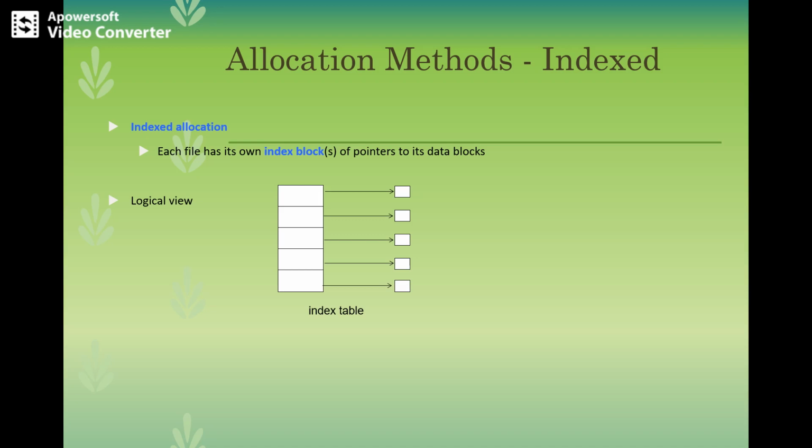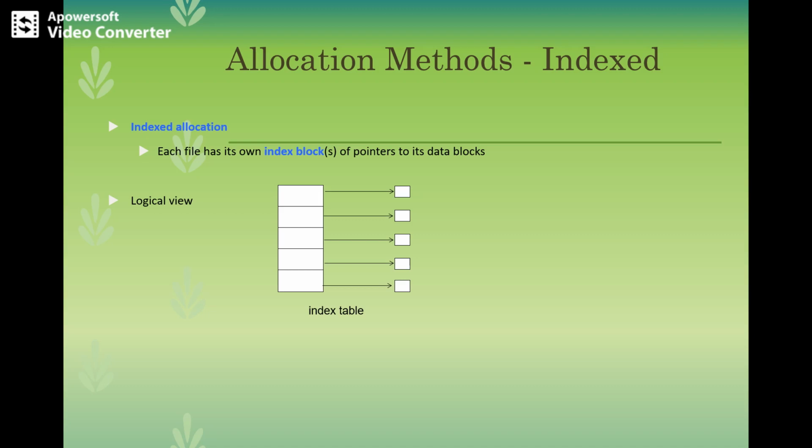So there will be an index block which contains all the pointers together in one particular location, and each file will have its own index block, which is an array of disk block addresses. For example, the ith entry in the index block points to the ith block of the file, and the directory contains the address of the index block. So you can see that picture.